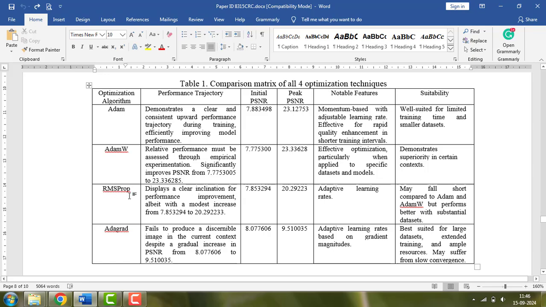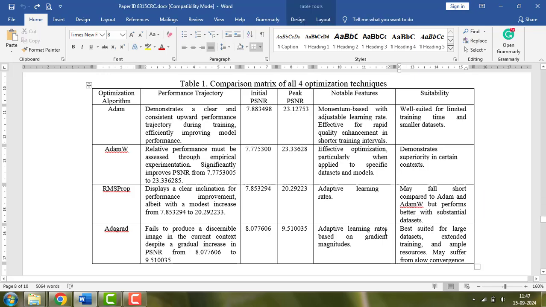RMSProp displays a clear inclination for performance improvement, with a modest increase from say 7.85 to 20, it's okay, but with adaptive learning rates, you can see that it may fall short compared to Adam, but performs better with substantial data sets. If the data set is too large, then RMSProp is good.